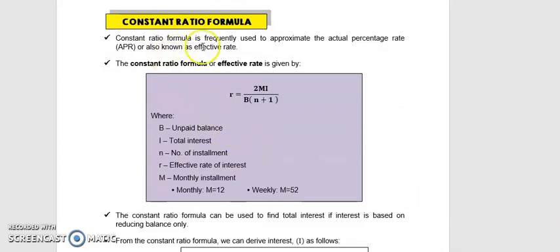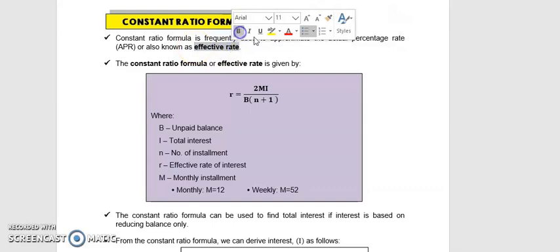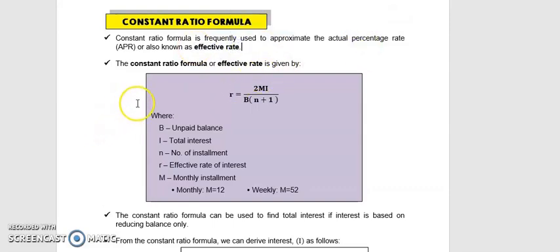Constant ratio formula is frequently used to approximate the actual percentage rate or APR, also known as the effective rate. Normally we call it the effective rate. So the effective rate is given by this formula: R equals 2mI divided by b multiplied by (n plus 1).